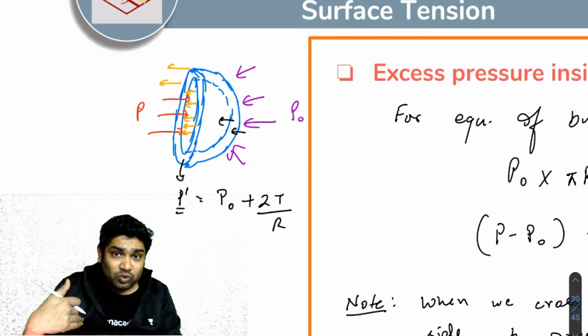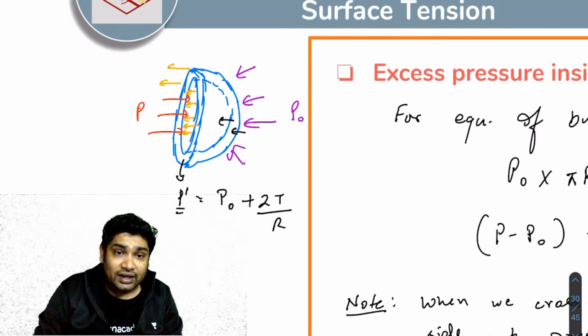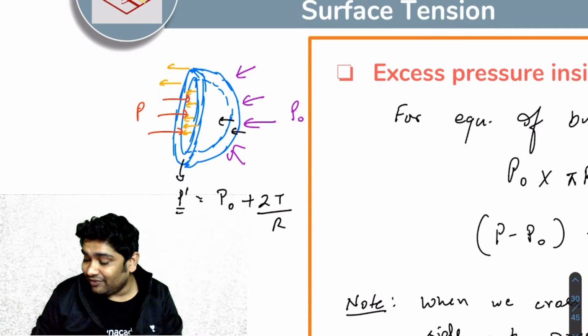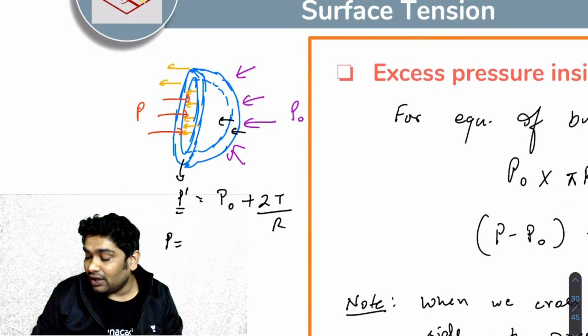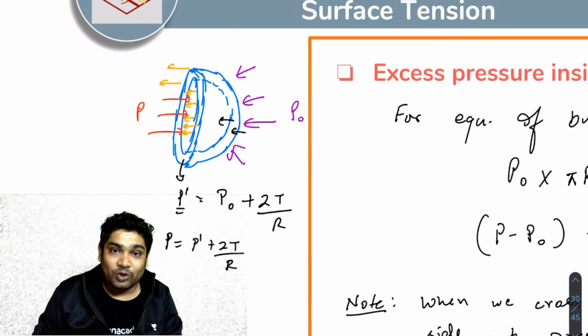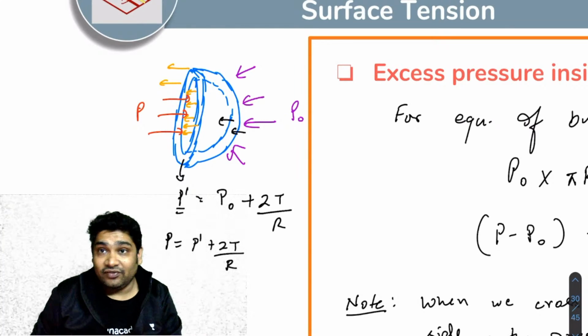So every time you cross one surface of the liquid, the pressure increases by 2T by R. That is why P finally is P dash plus 2T by R, and P comes out to be P naught plus 4T by R. Remember this, very, very important.